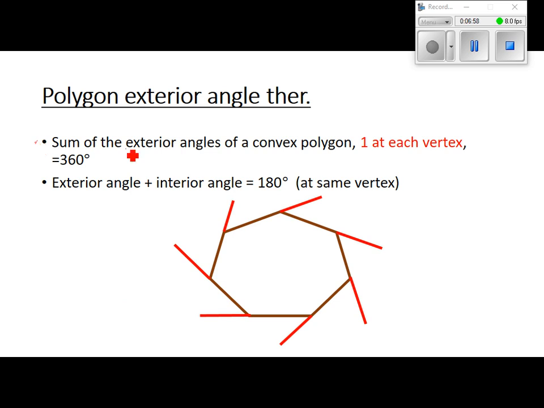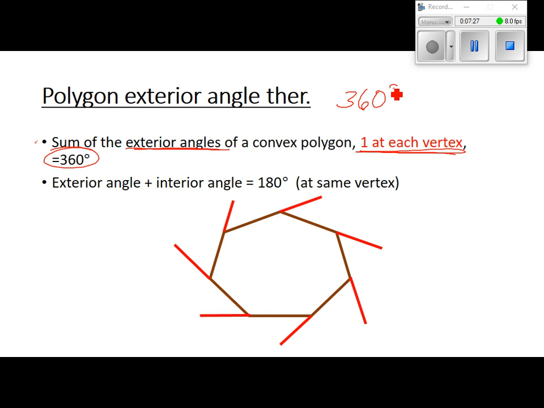The sum of the exterior angles of any convex polygon, one at each vertex, that means one exterior angle at each vertex, is always 360. That's the formula. So if they ask you the sum of the exterior angles of a 50-sided polygon, the sum is always 360 degrees. Nothing else. You don't have to do any math. It's always 360.